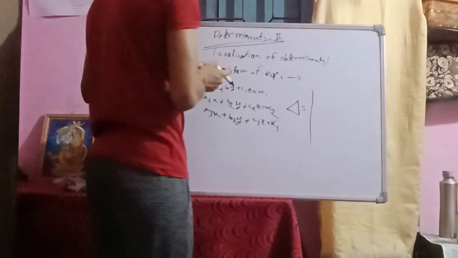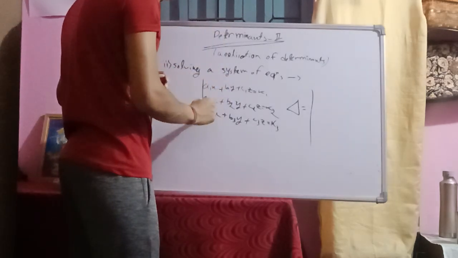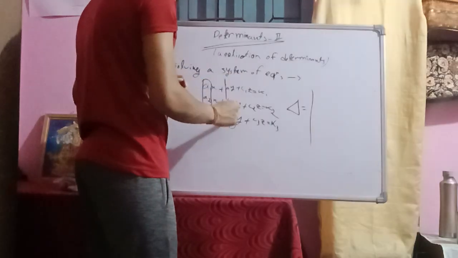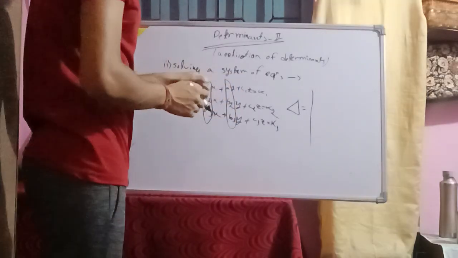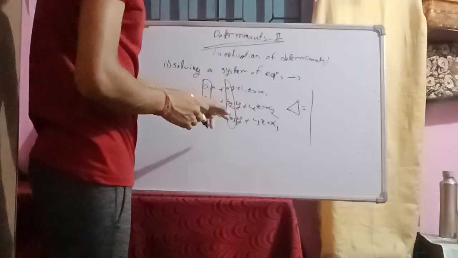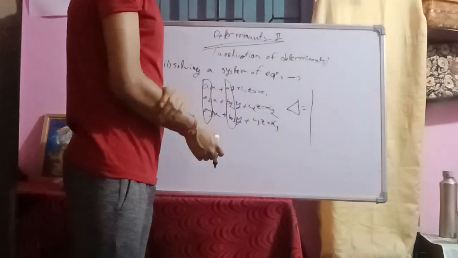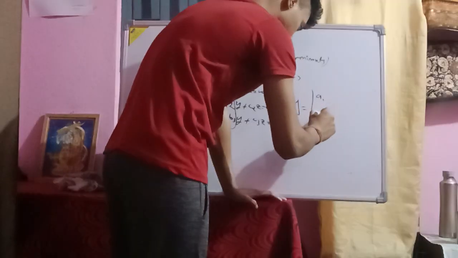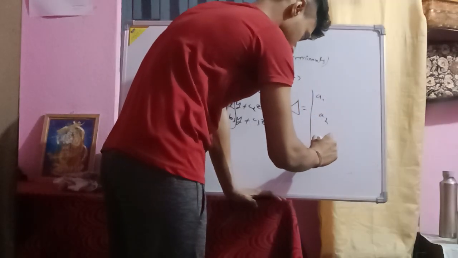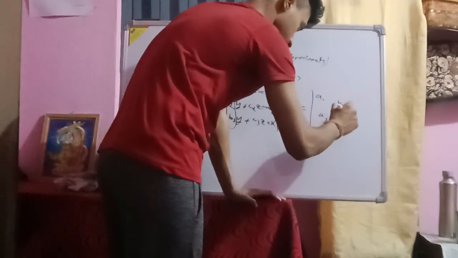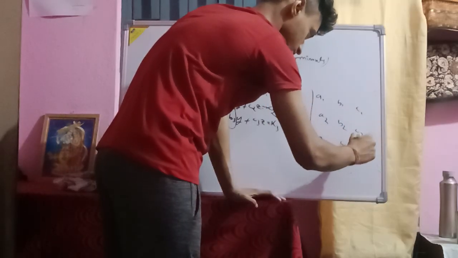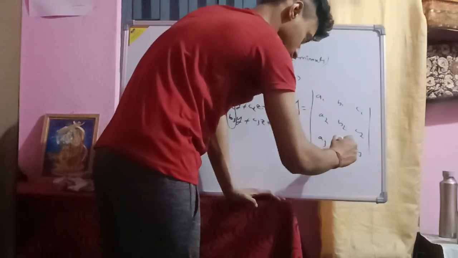We're going to have the coefficients of the variables x, y, and z in the columns: coefficients of x in the first column, coefficients of y in the second column, and coefficients of z in the third column. A1, A2, A3, B1, B2, B3, C1, C2, C3.